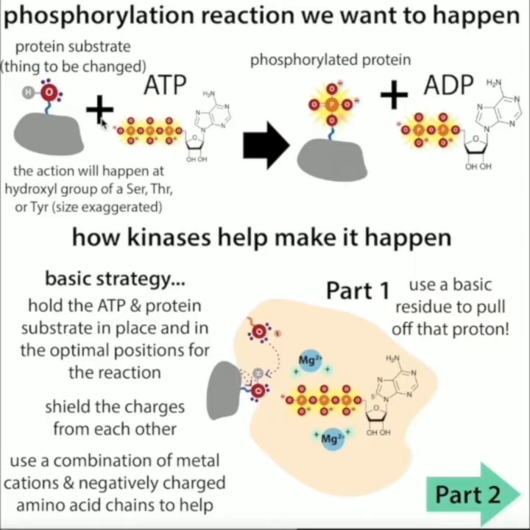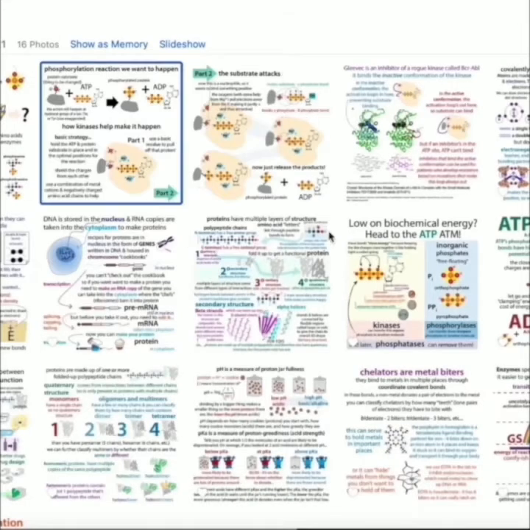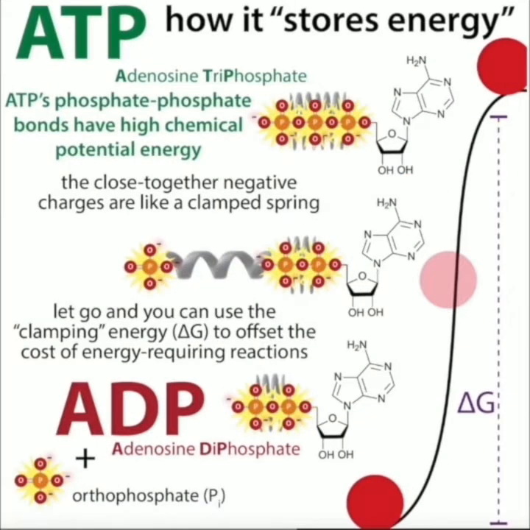And then we have ATP. ATP is going to be the source of our phosphate group. You might remember ATP. We talked about it before when we were talking about how it's used as a form of energy storage. Because ATP is this form of energy storage, when we phosphorylate things, we can say it takes energy.